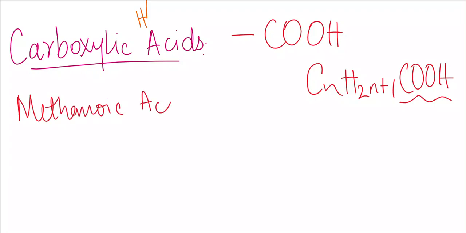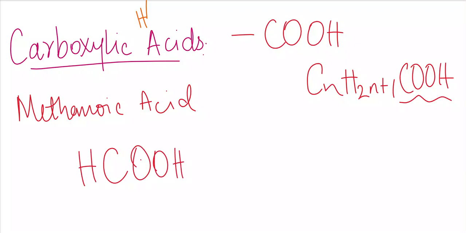and the formula for methanoic acid, as it contains just one carbon atom, is HCOOH, just one carbon. This is also found in the stings of ants and nettles.